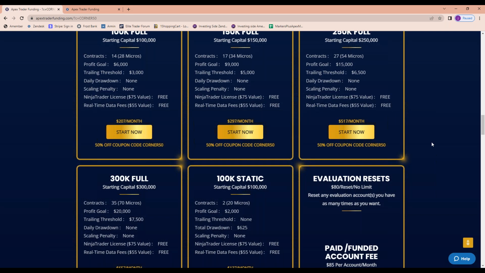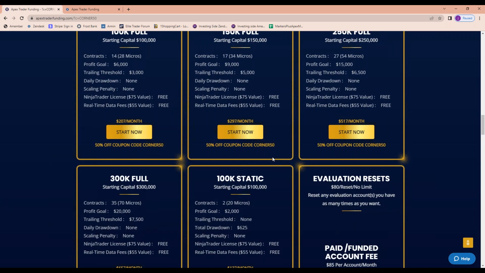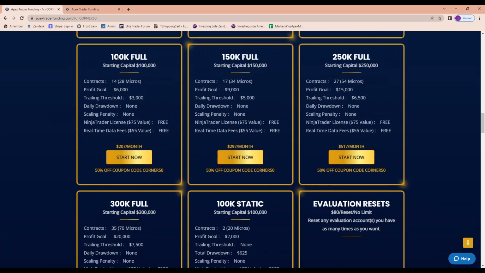Guys, I know there's a ton of questions we can go over. Mahesh says, hey, once you pass and you're in a live funded account, what are the monthly fees? Are there data fees? See right here on the homepage, the paid funded account fee, $85 a month. Let's say you signed up for the $100,000 evaluation account. That's $207 a month. Half off of that, you're at $103.